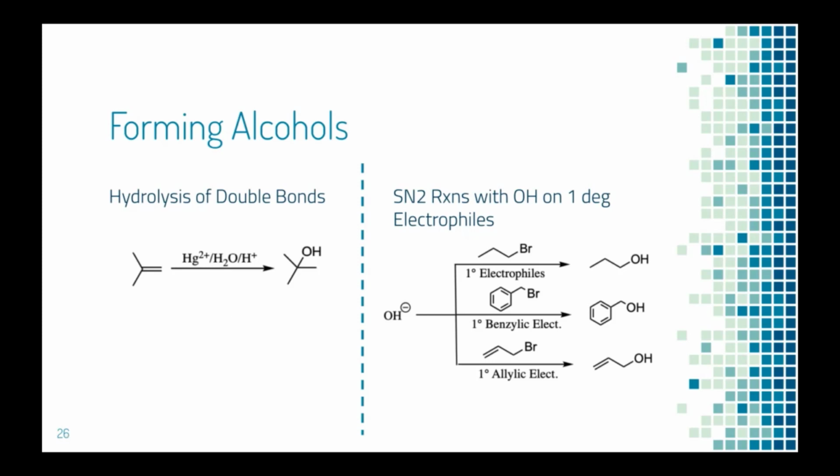Another way to form alcohols is SN2 reactions to form the alcohol on the first degree, with the substrate as an electrophile. That can be done in a number of ways. In here, there are the halides, so that can be these compounds as shown below. It can be benzylic, allylic, or just a single alkane chain with a halide attached.